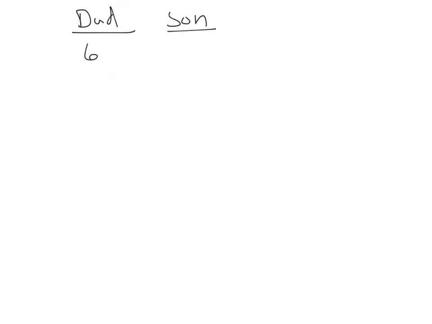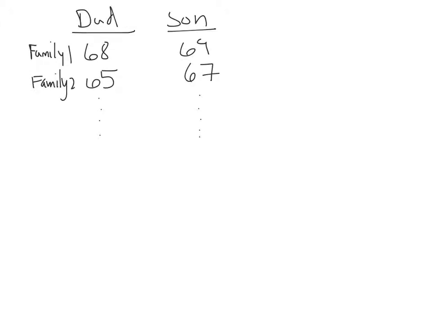Maybe he's 68 inches, 69 inches, and so on. 65 inches, and 67, so on, so on. Take all of these, right? And this is family 1. Family 2, and so on, right? All the way down.